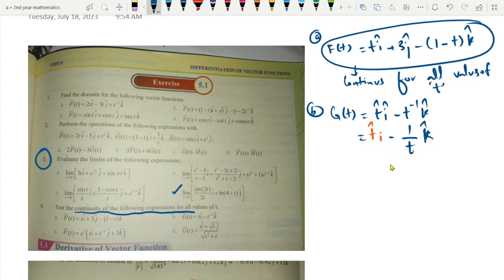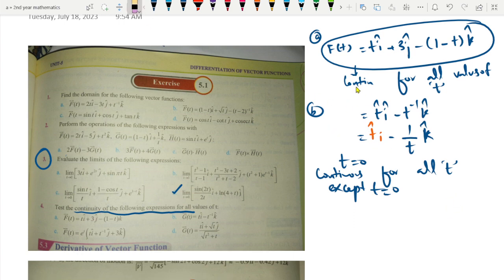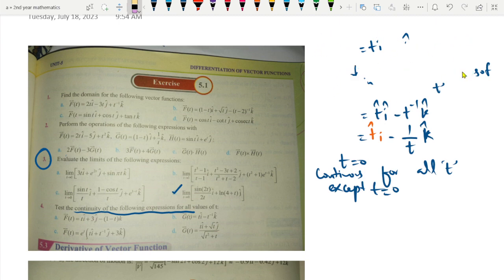So this is continuous for all values of t except t is equal to 0. So this is not continuous for t equal to 0, and for all remaining values it is continuous. Similarly, we can see the third part of this one.